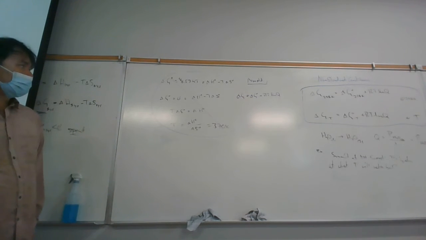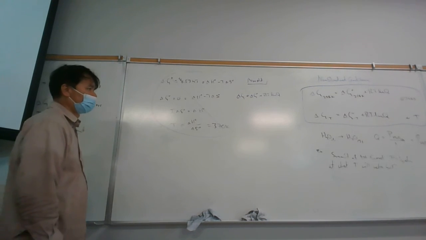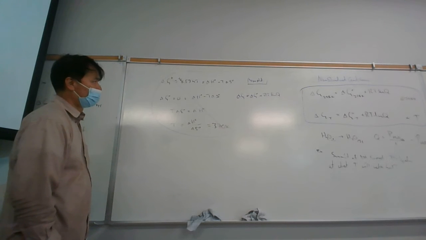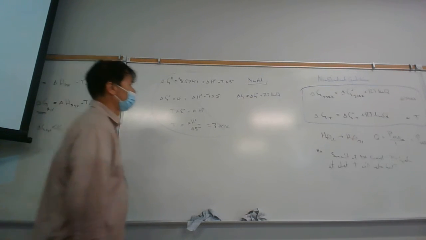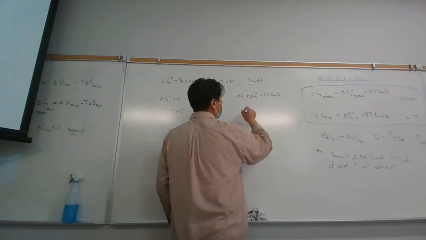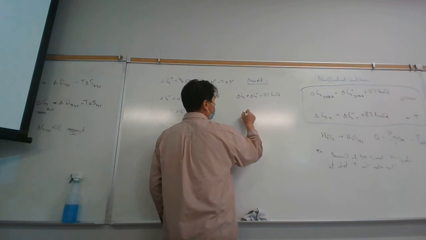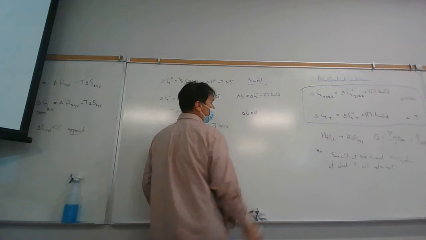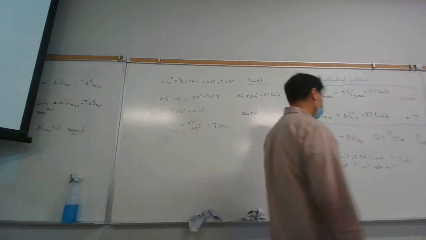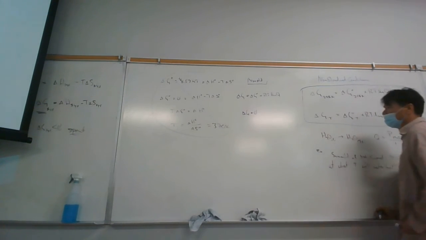So what we're going to do is solve this for T. The first thing is I'm going to make delta G equal to 0, because I want to transition from positive, through 0, to negative.